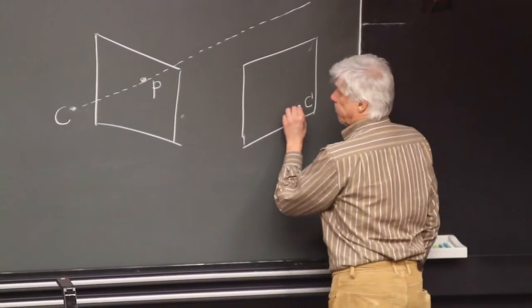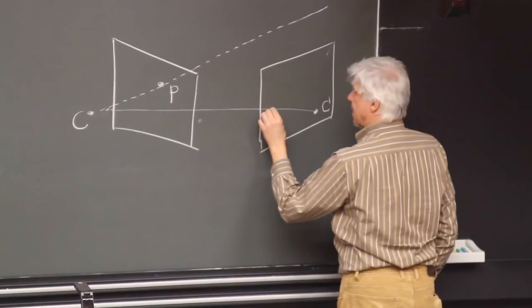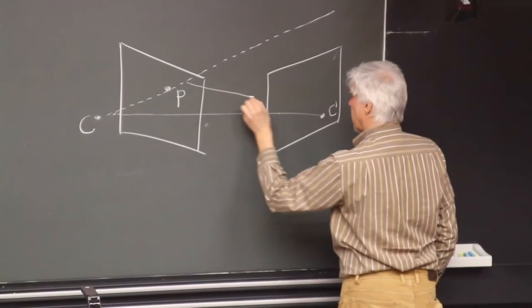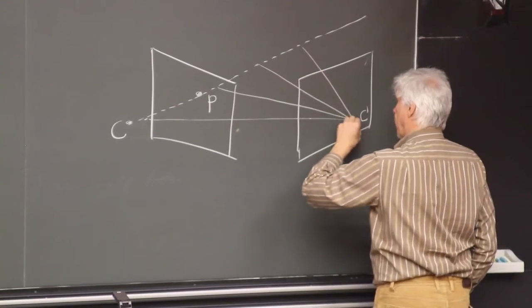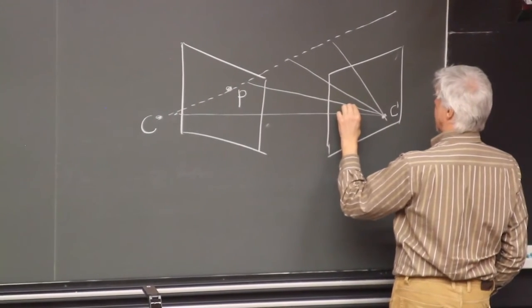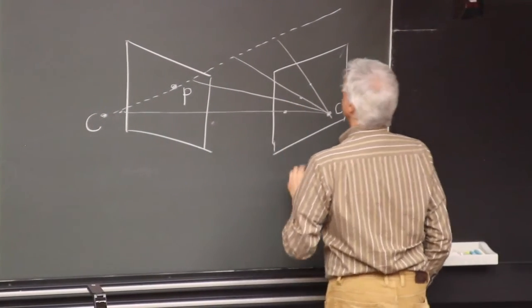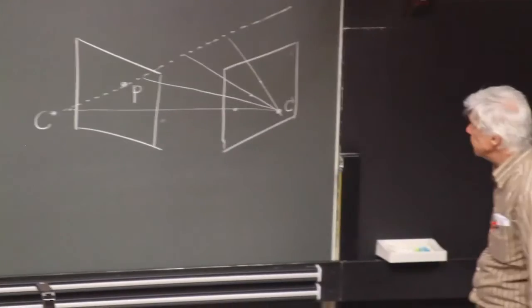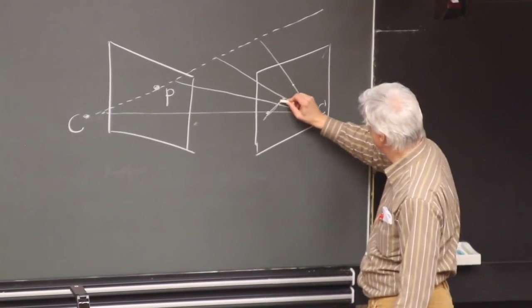So, a point here, maybe seen here, a point here, right here, and so on and so forth. Okay, you would find all these corresponding points here, forming actually the epipolar line.